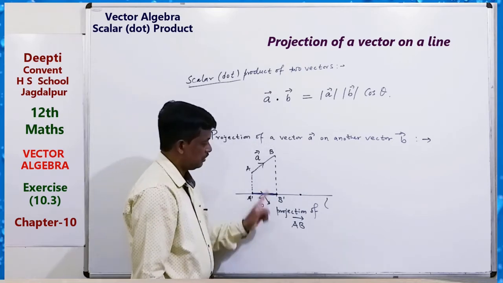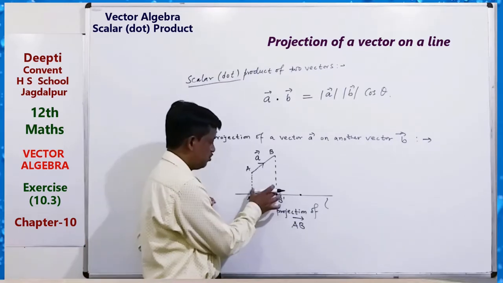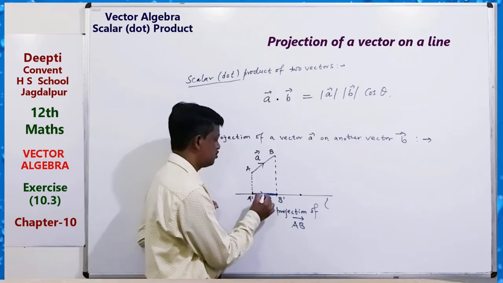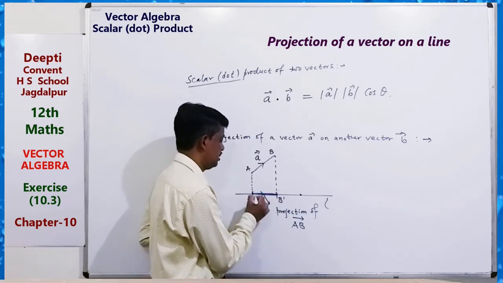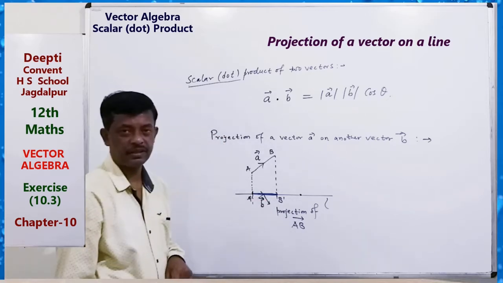Okay, and this projection, that is its modulus. How can we find this modulus? Suppose this is the projection vector from here to here, and what is its modulus?